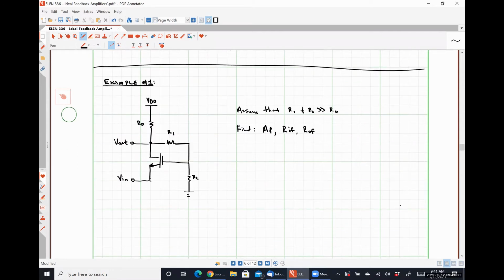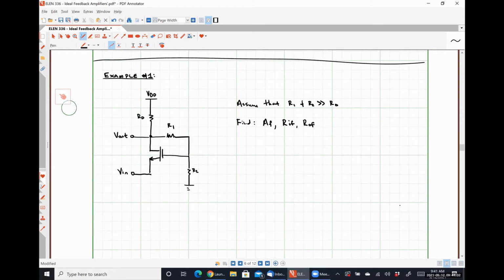So with that in mind, how could we go about determining the open loop gain of this system under the assumption that the feedback network isn't loading anything? Any thoughts? If I didn't have R1 and R2 and I just applied some fixed bias voltage at my gate, what kind of amplifier would this be?